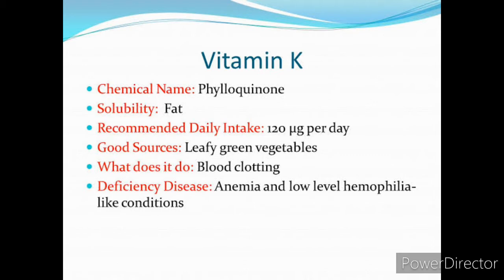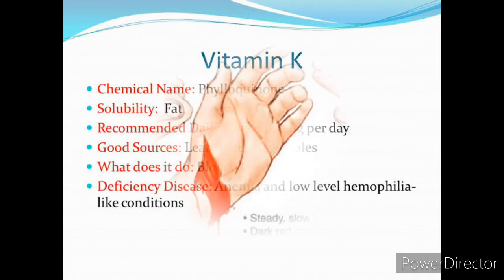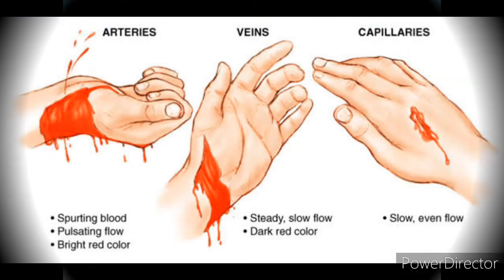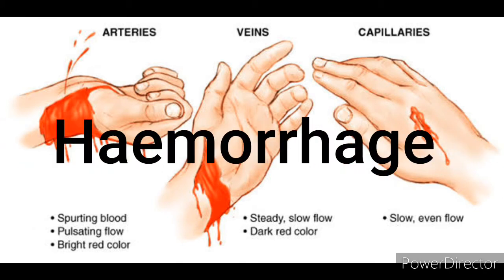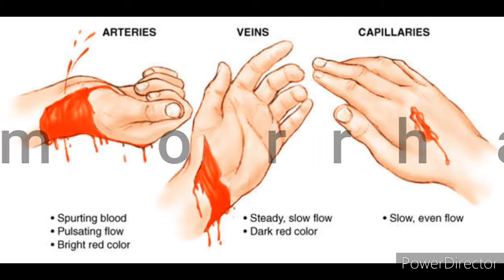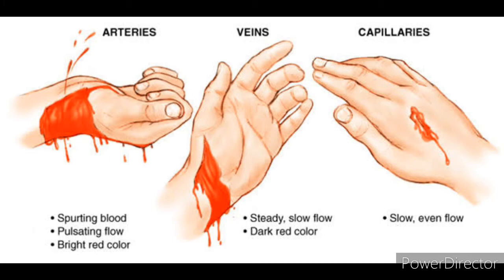Cabbage and spinach are rich sources of phylloquinone, which is important for clotting of blood, and deficiency results in hemorrhage, that is a delay in blood clotting, so that most of the blood is lost after a wound or injury.